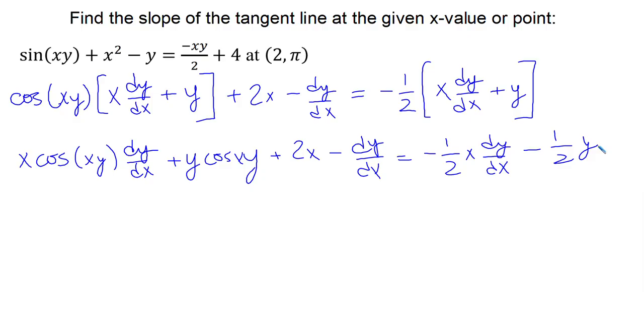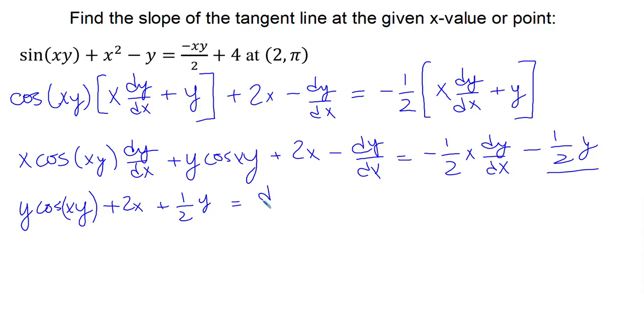So I think I'll move my dy dx terms to the right-hand side, I guess. So as I do that on the left-hand side, I'm still going to have my y cosine xy, and I'm still going to have my plus 2x, and this minus 1/2 y is going to come over as a plus 1/2 y.